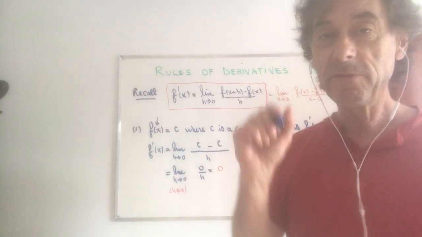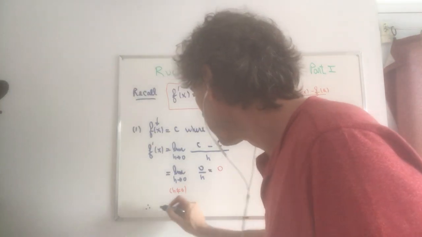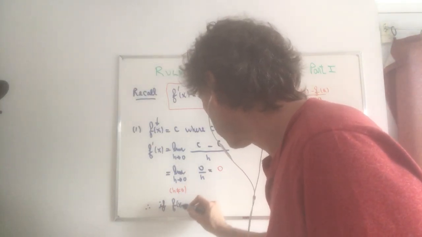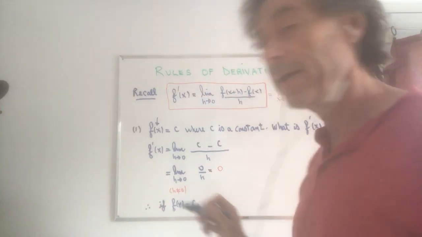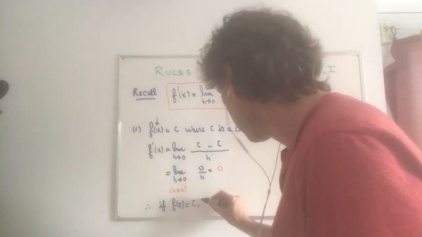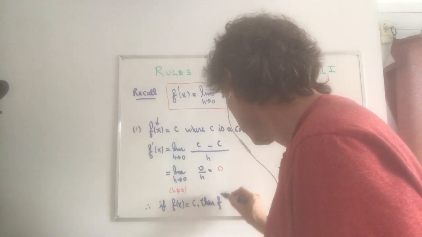And here lies our first rule of derivatives. Conclusion. If f of x is a constant, then always, we can actually use this as a shortcut if you want, then f prime is 0 all the time. We just proved it.